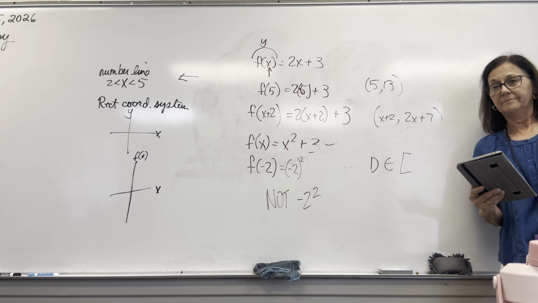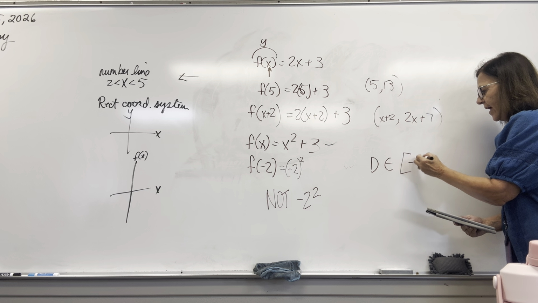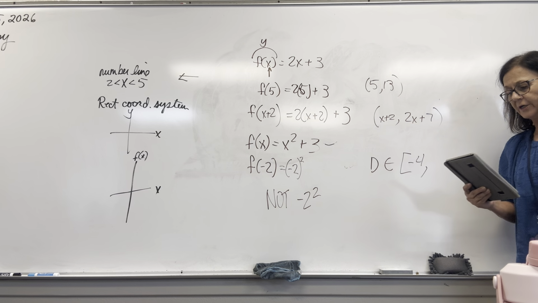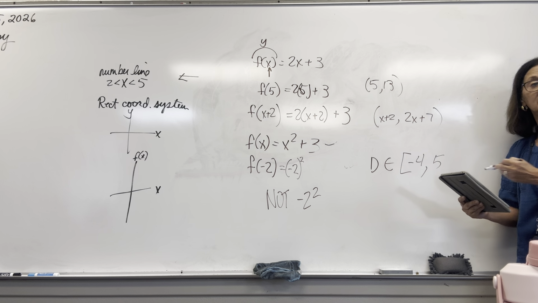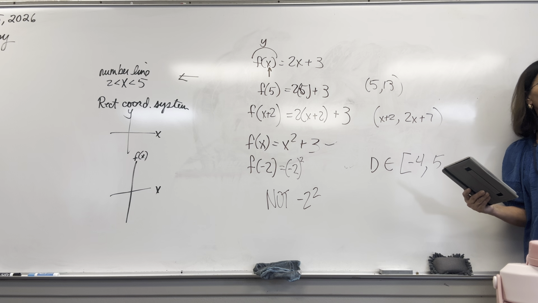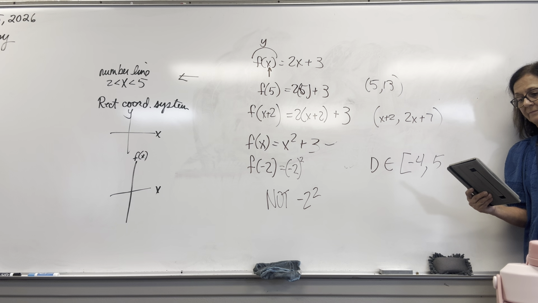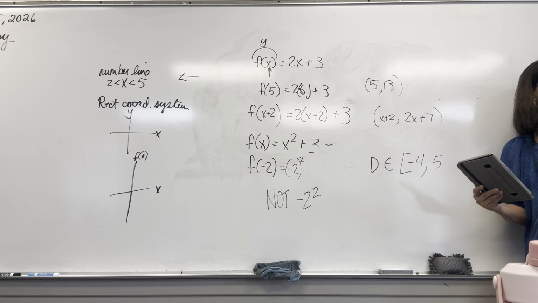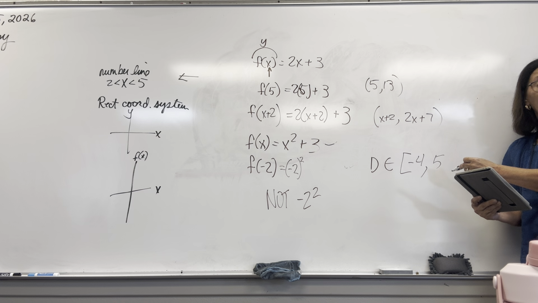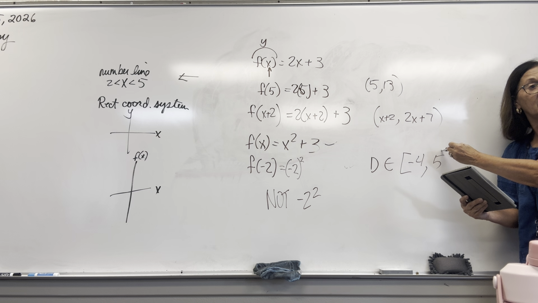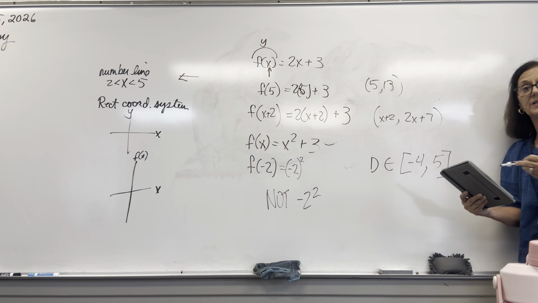Come on, ladies and gentlemen. Negative 4, thank you. What's the largest x value? 5. Are any x values in the middle excluded? The answer is no. Because when x is negative 2, it does have a y value. Is 5 included in the domain? Yes, because it's a closed interval.